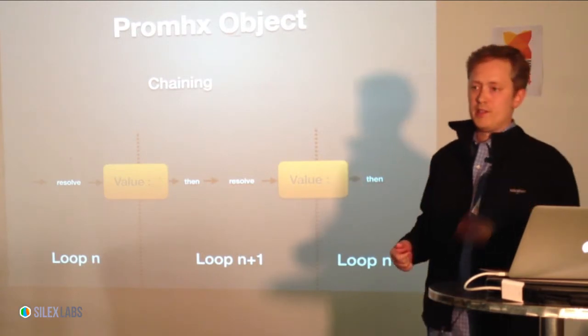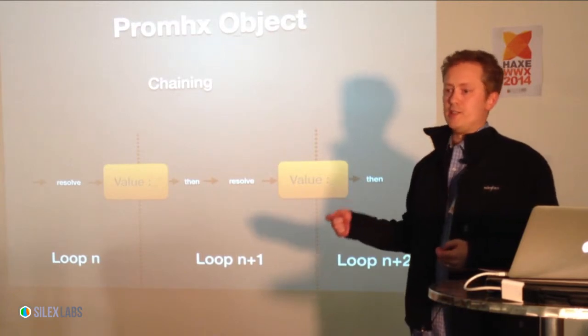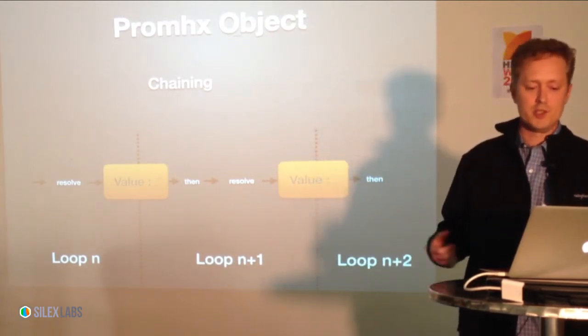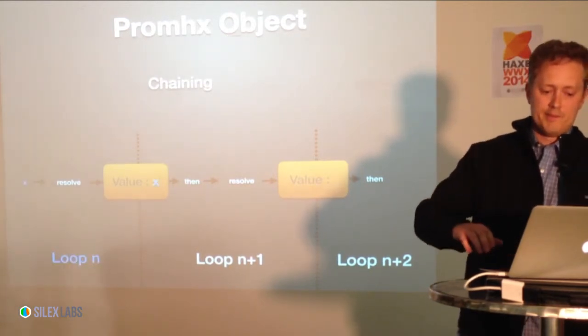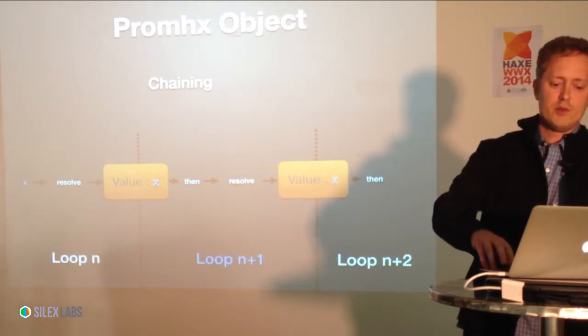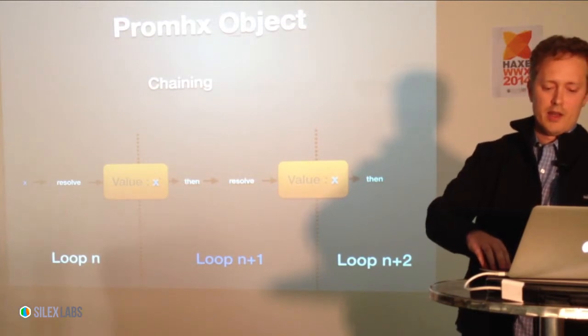And so values can come in to one object and be resolved directly into another one. And you can set up chaining, which seems simple here. I'll give some more examples. So it's very simple. You're going to resolve this value, and that's going to get passed on to the next object, and so forth.